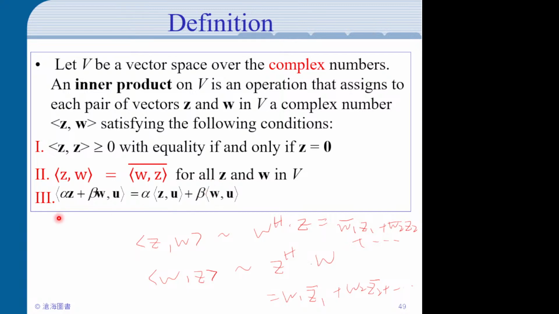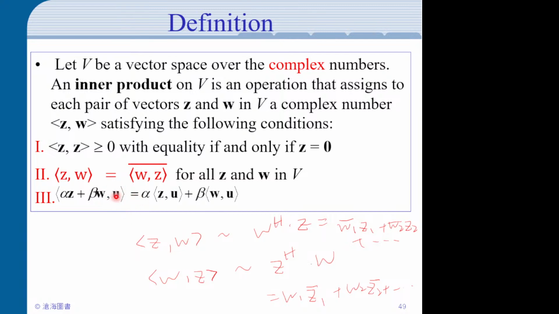So let's keep talking about this. The third property is linearity, and linearity depends a bit on how we define it. We still want the first argument to be linear, and that is satisfied by our definition here. This is still linear in z, but you don't have linearity in w anymore.